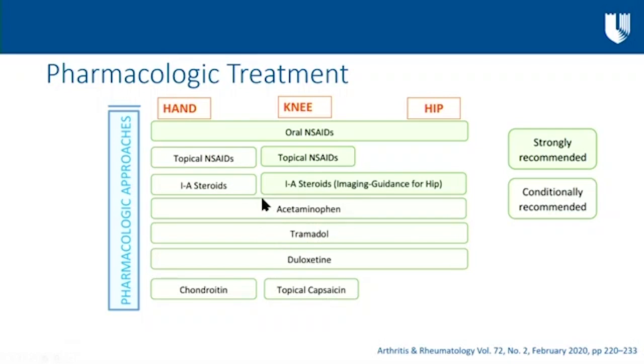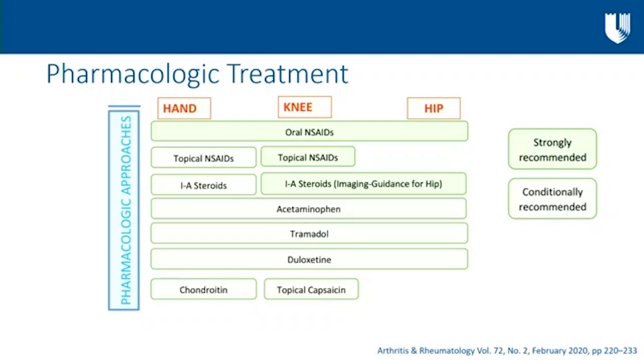So as you notice here, is there anything that's not on the list that you would expect to be on the list? Anything that jumps out? Go ahead. Surgery, right?